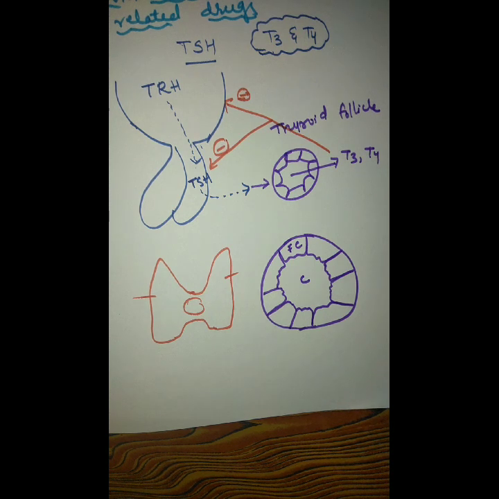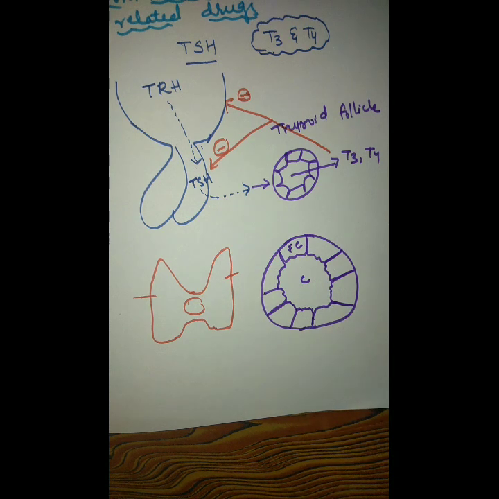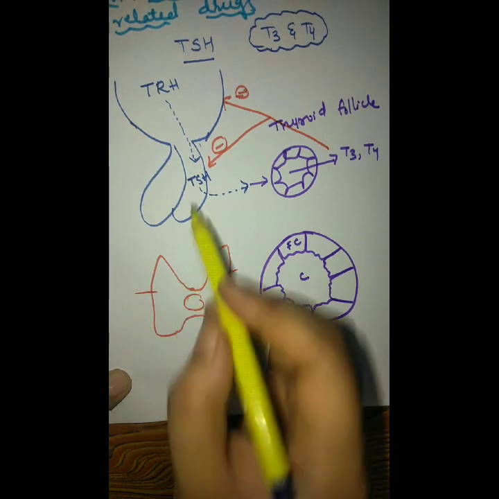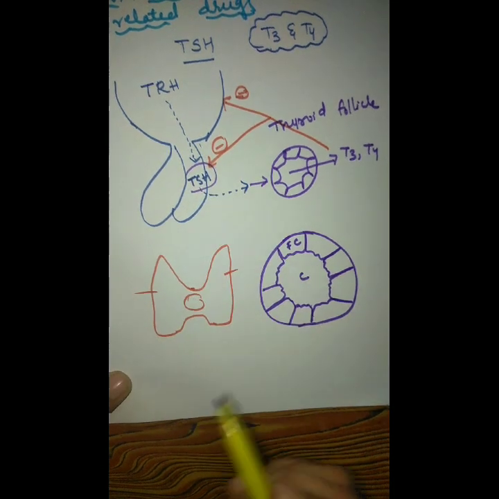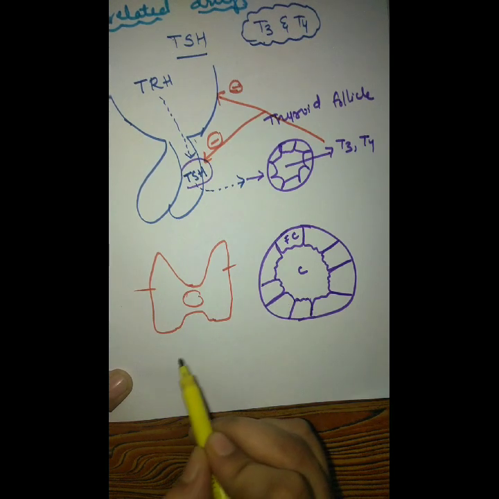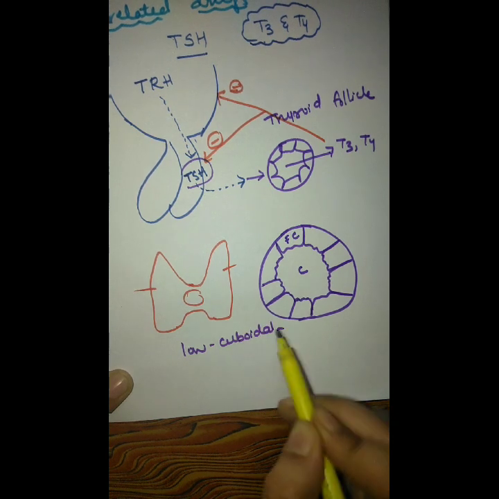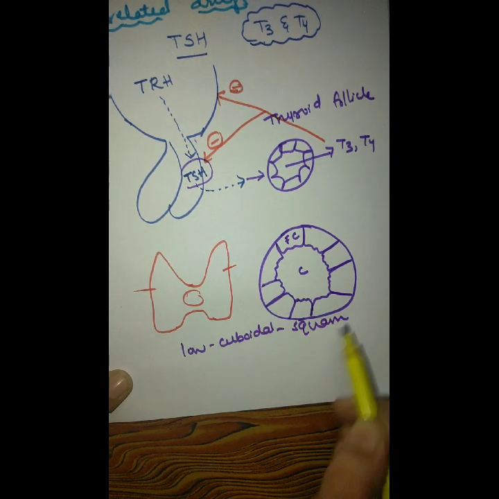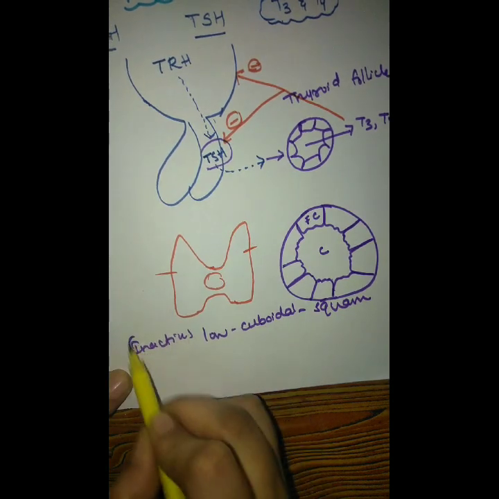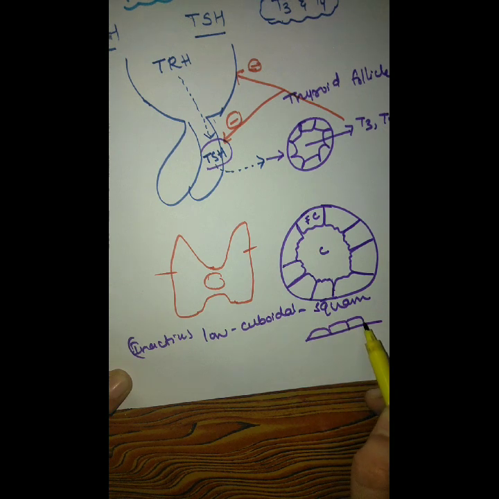Okay. And one important feature of these follicular cells is when they are not stimulated, means when they are not under the influence of this thyroid stimulating hormone, in that condition, the structure of these follicular cells will be somewhat like low cuboidal to squamous. Okay, when inactive. Okay, somewhat like this you can see. Okay, when they are inactive.